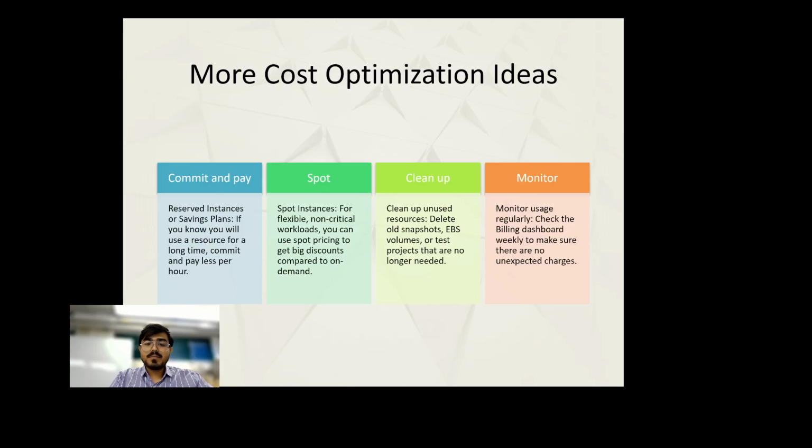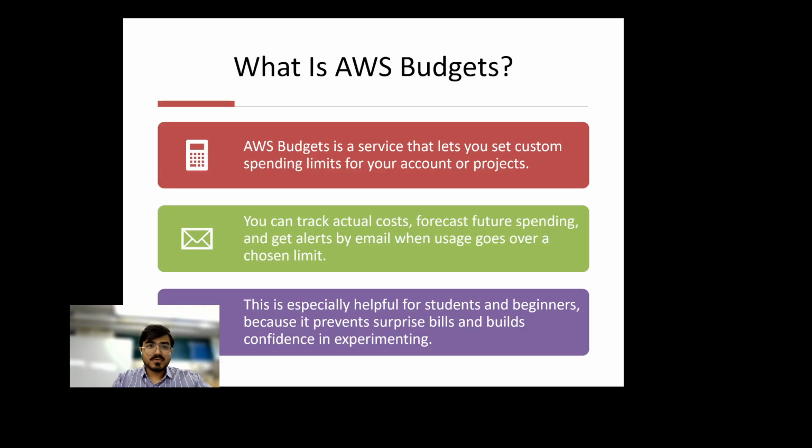You can get a big discount using spare capacity. Then third one, clean up unused resources. Delete old snapshots, test projects, or EBS volumes you no longer need. Monitor usage. Check your billing dashboard weekly, just like checking your wallet or bank account. Let's move to the next one.